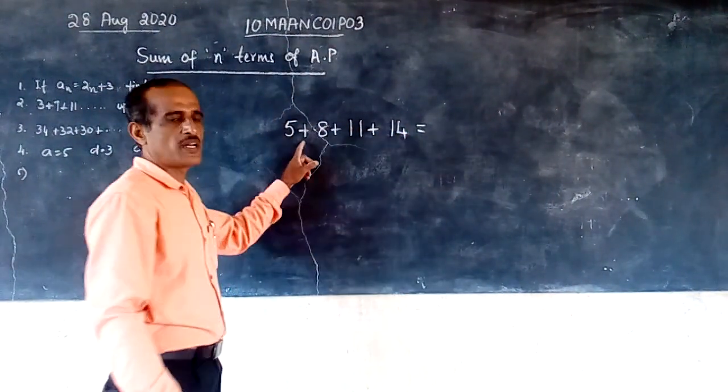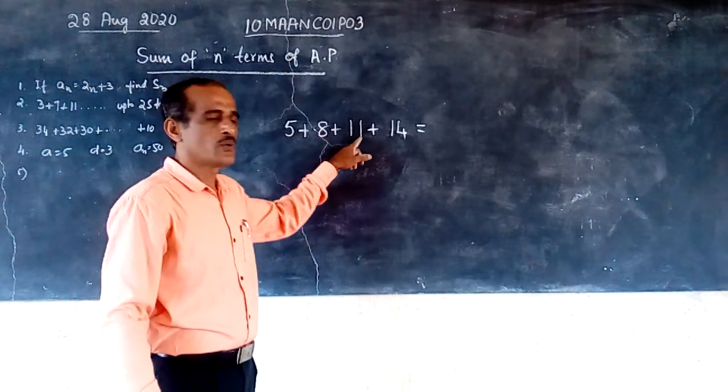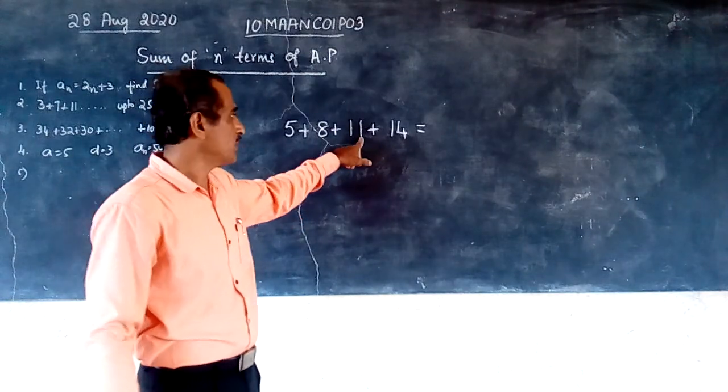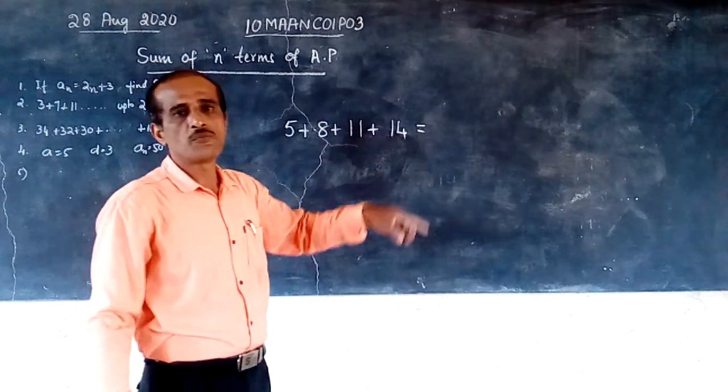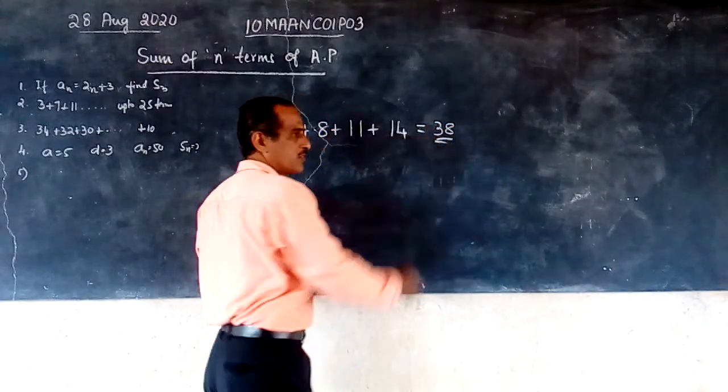You can count it very easily. 5 plus 8 is 13, 13 plus 11 is 24, 24 plus 14 is 38. Very easily you can find the sum.